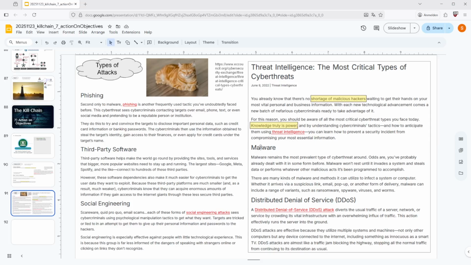Okay, but let's see what malware is. So we know what malware is because we watched the exploitation chapter. But what they write: malware remains the most prevalent type of cyber threats around. Prevalent is also one of those words. I'm not exactly sure what it means, but prevalent is something like it is always there, something that sticks around.